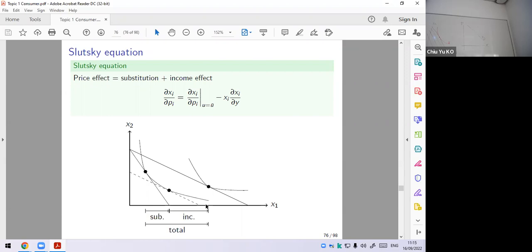Because this is just change of your demand, keeping your utility constant. Okay, and what's this? This is just the Hicksian idea. Keep the same utility, change your price. So this is the Hicksian part, and this is the income part. Okay, because this is the same price, just change the income. So that's why this is the income effect.